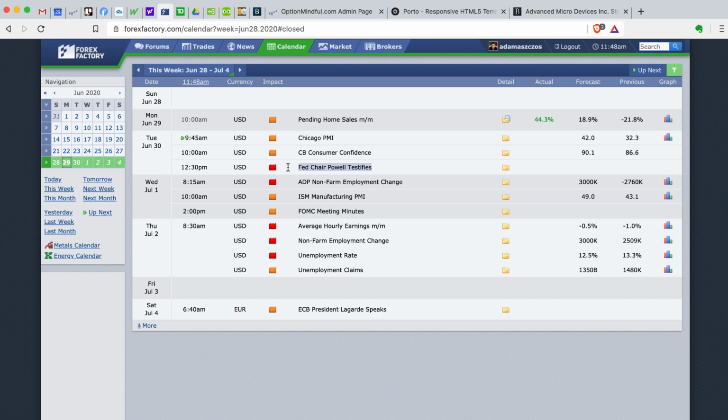So I expect some sort of positive news. I don't think this guy will tell us that, okay, we stop printing and we stop supporting the economy. So I think after he testifies, we probably are going to have some up movements in prices. Something else may happen, but that's my prediction here.